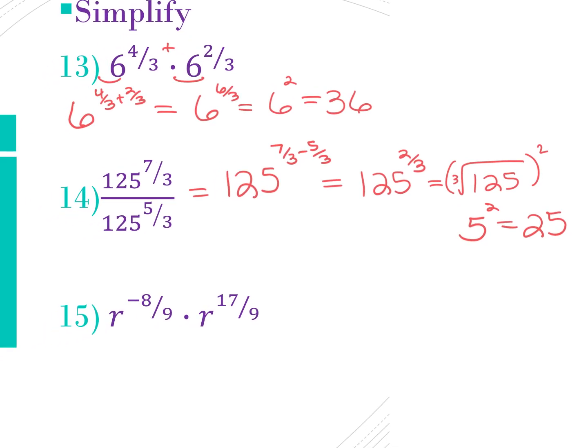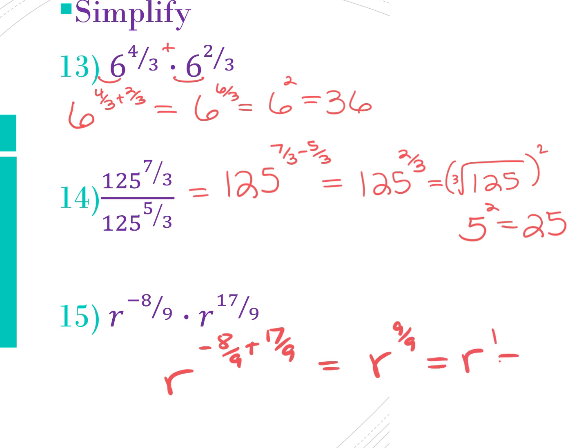Same thing if your base is a variable. I'm still just going to take those exponents and add them. They both have a base of r, so I'm just going to take and do negative 8/9 plus 17/9. This will give me r to the 9 over 9 power. And whenever you have the same number divided by itself, it'll simplify to a 1.